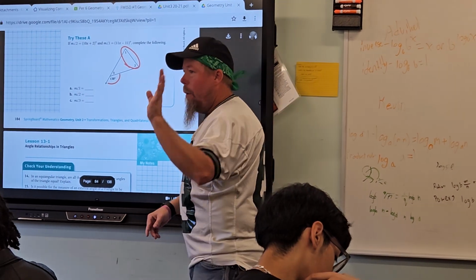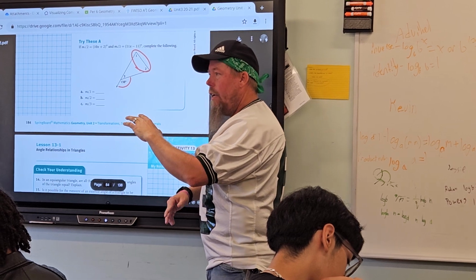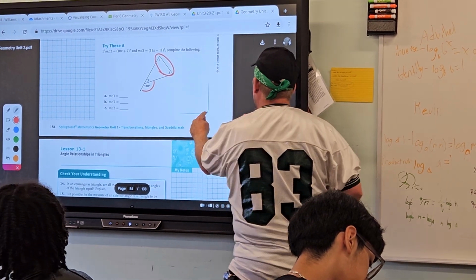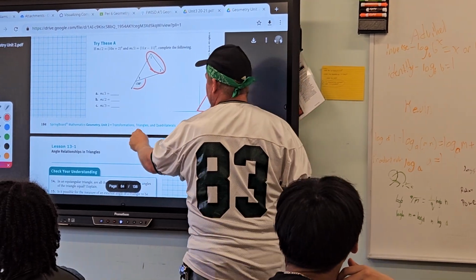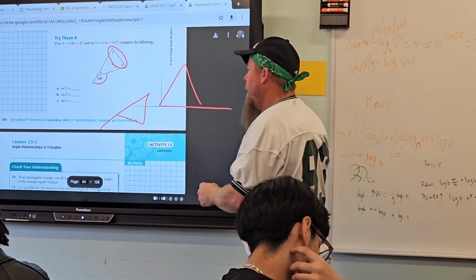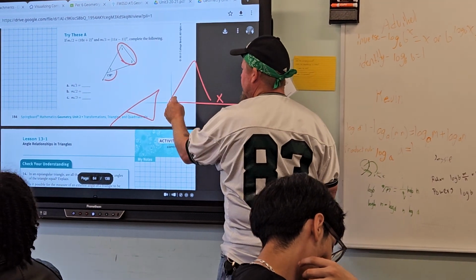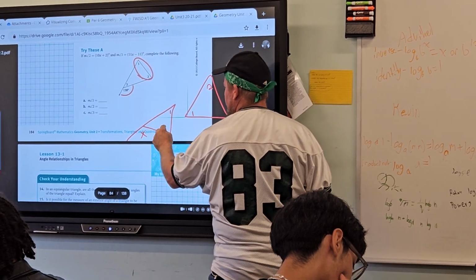Now, I'll be real honest. Part of the reason this one's going to throw you off a little is they spun it, right? We get really used to things being drawn a certain way because that's how he drew it in the example. Well, all they did is they took my drawing and turned it sideways. It doesn't change the math, okay? It's the same drawing. This angle here that was equal to these two angles is the same angle that's here that's equal to these two angles.